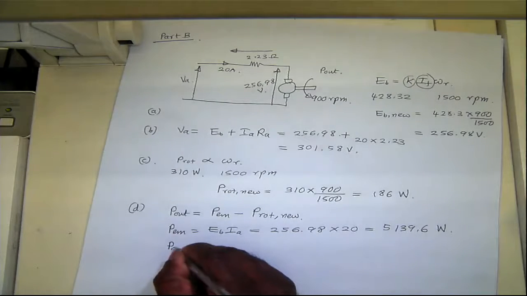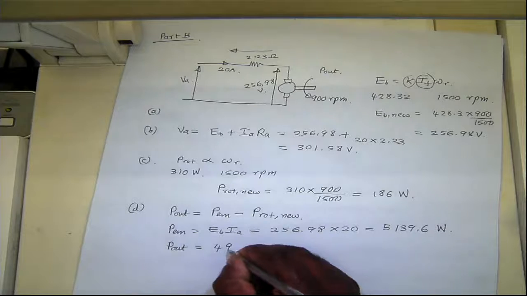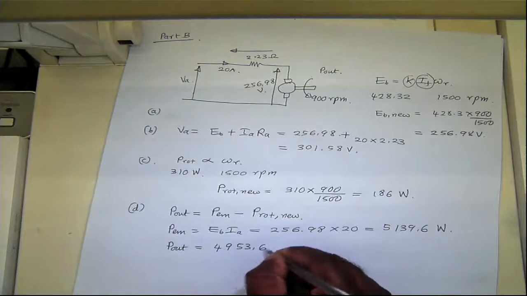So the output useful power is this minus this, which is 4953.6 watt.